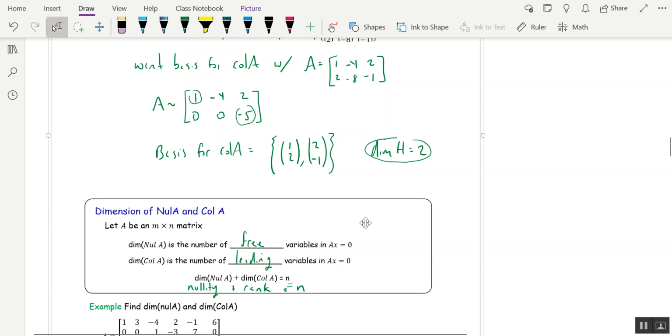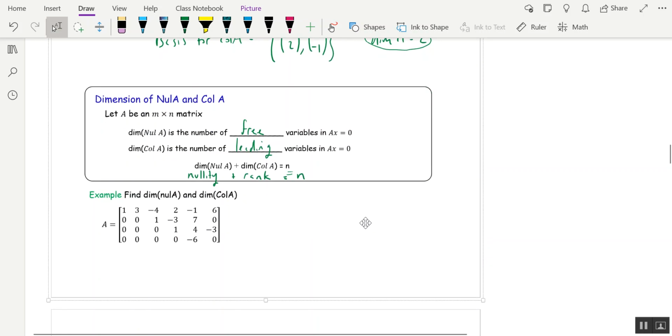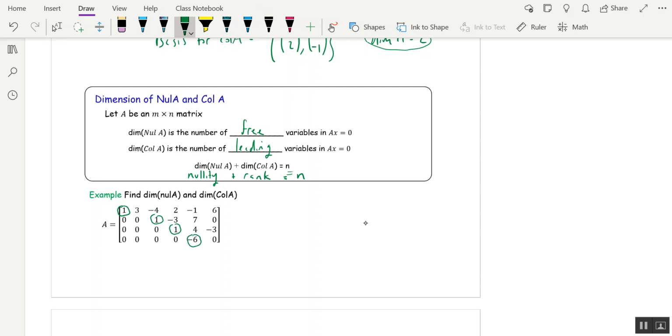So here's a really simple example. Find dimension null A and dimension col A. And we don't have to do any computation. Just look at A. 1, 2, 3, 4. There are 4 pivot columns. There's 1, 2, 3, 4, 5, 6 columns in all. So that corresponds to 6 variables in AX equals 0. There are 2 free variables.